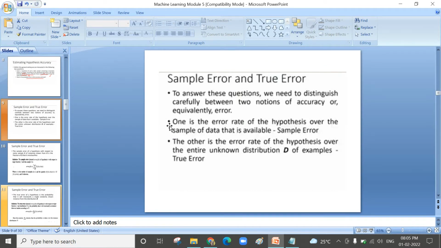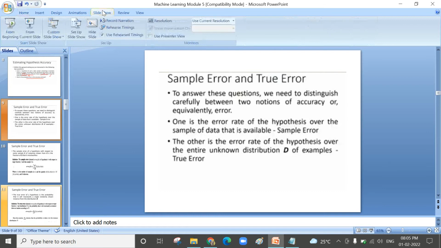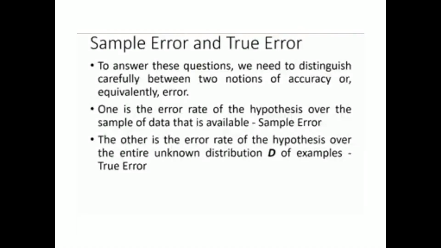So why are we discussing errors? In our previous topic, we were talking about accuracy. Accuracy and errors are vice versa. For example, if you say that 90% accuracy is there, and you have stated a hypothesis saying that tomorrow it is going to rain, on what basis are you going to support your hypothesis?